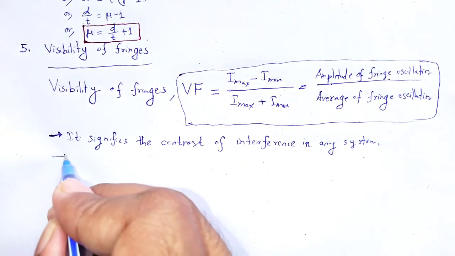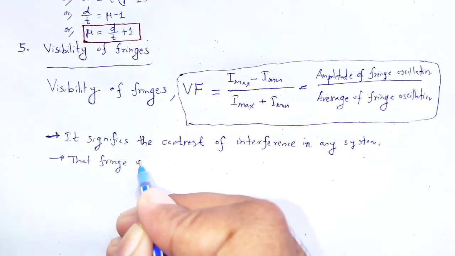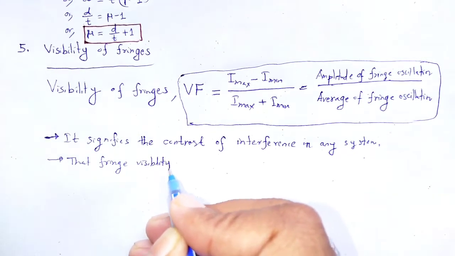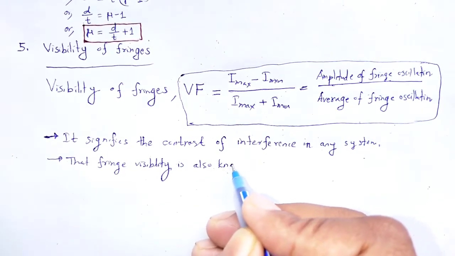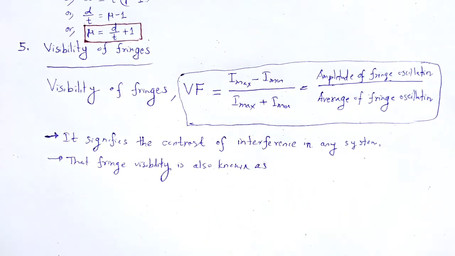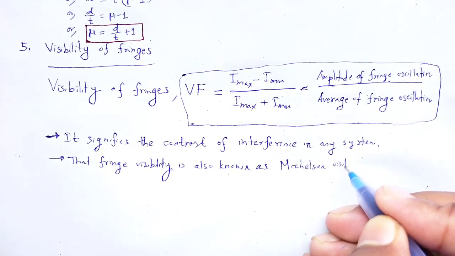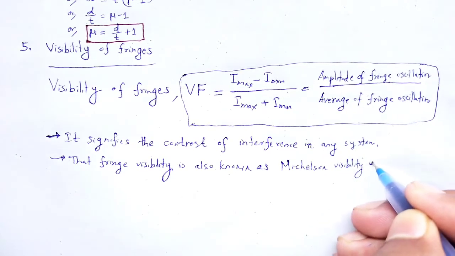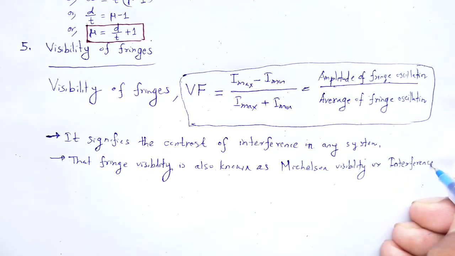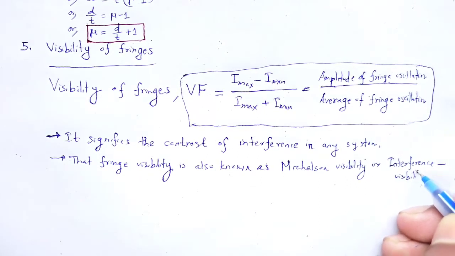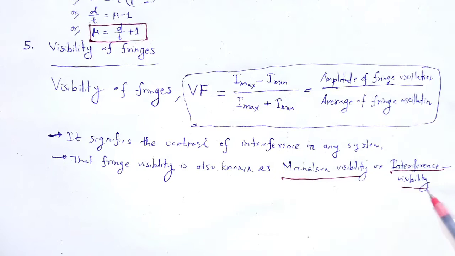That fringe visibility is also known as Michelson visibility or interference visibility.